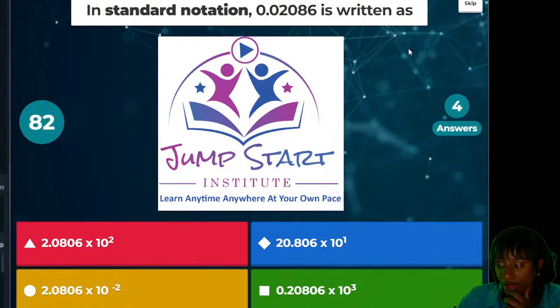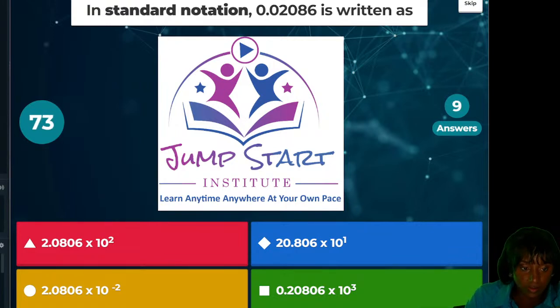In standard notation, 0.02086 is written as what? Here I'm asking you all to write this number using standard notation. There's a particular format in which you should write your answer when you're changing a number to standard notation.